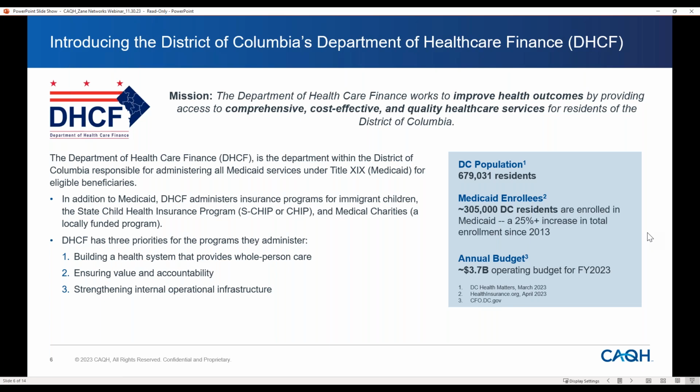There are about 300 some odd thousand Medicaid enrollees last time we checked the numbers, which was in the spring, in a population of about 679,000 residents within DC. So that's the context of what market we're addressing here with our solution.